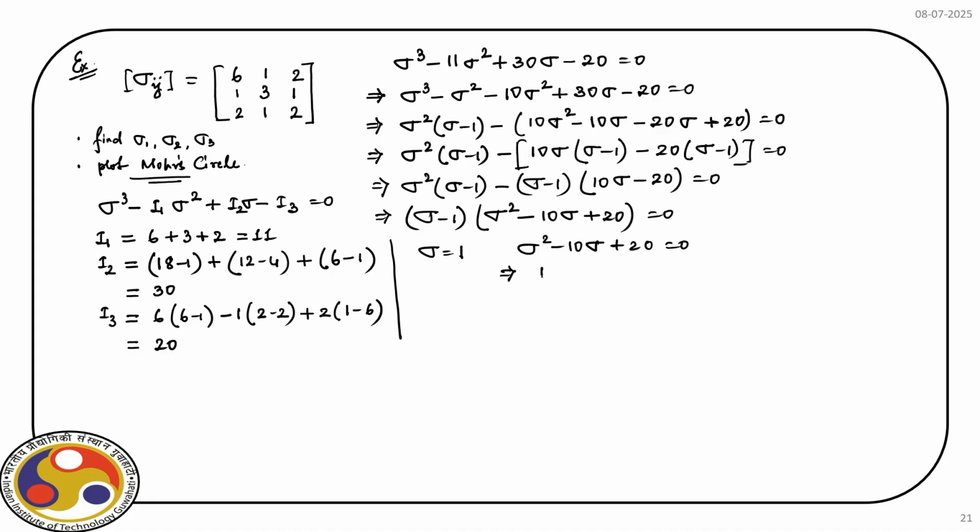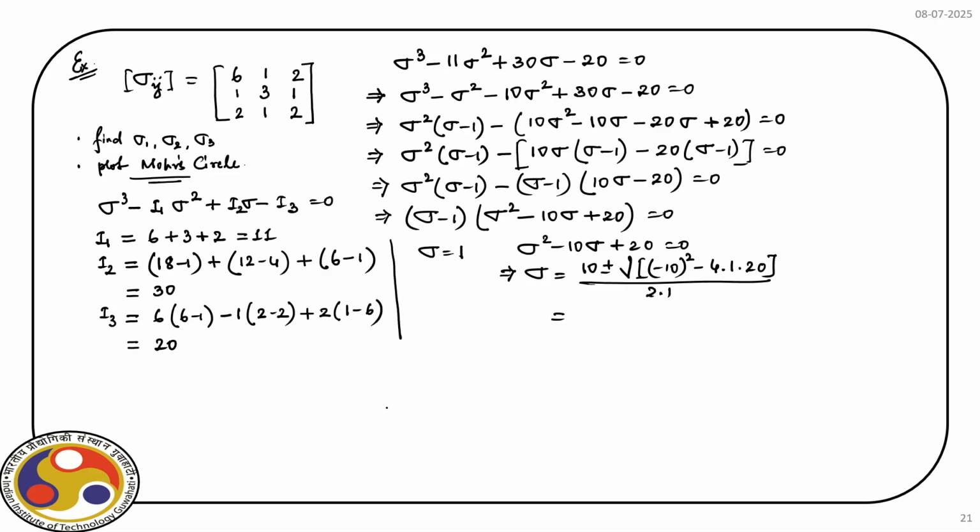So, we have sigma is equal to minus b, so it will be plus 10 plus minus square root of b square minus 4ac, where a is 1 and c is 20, divided by 2 times 1.